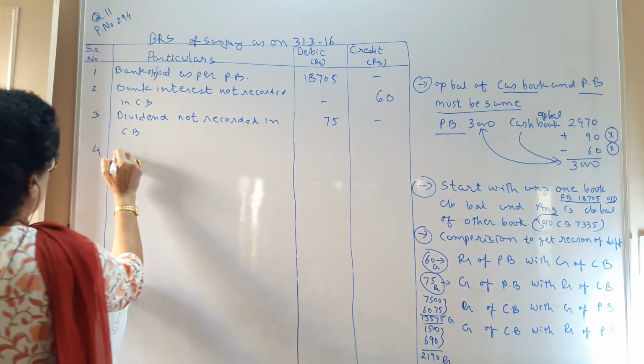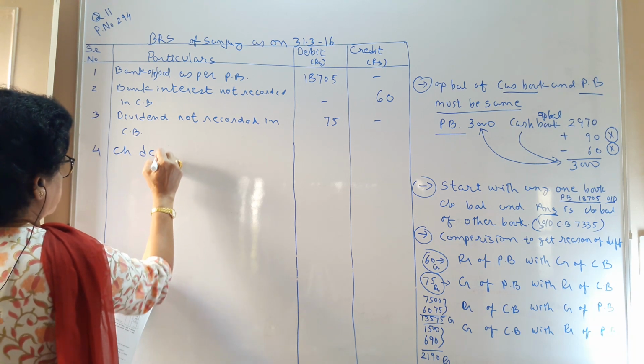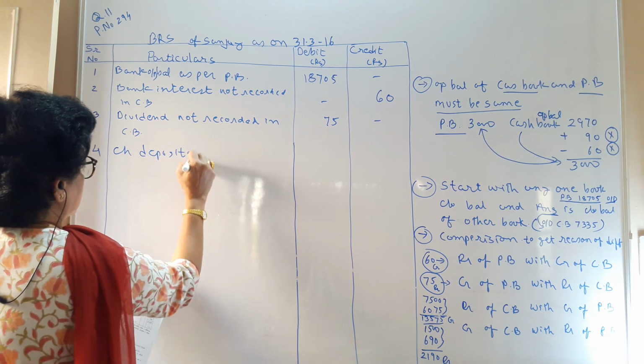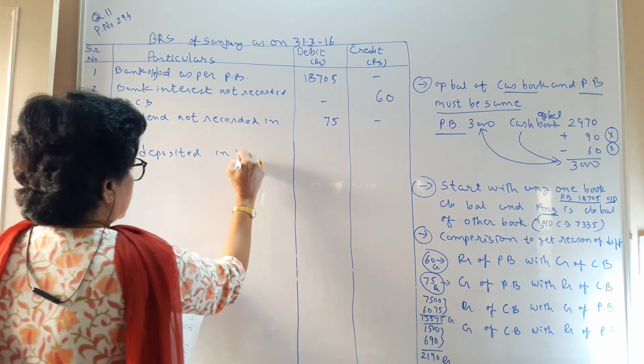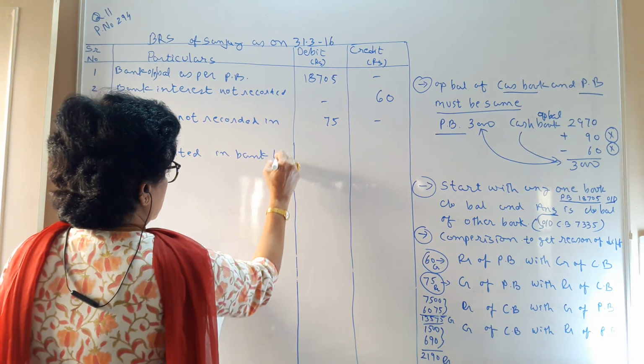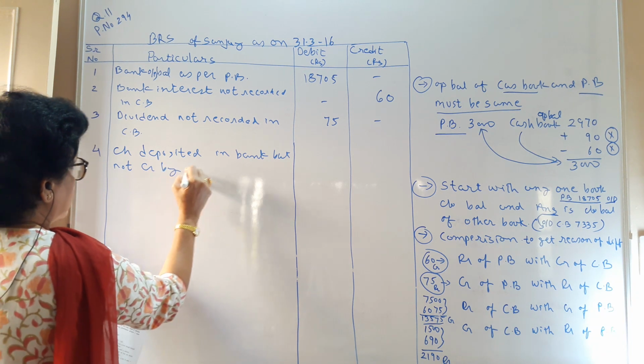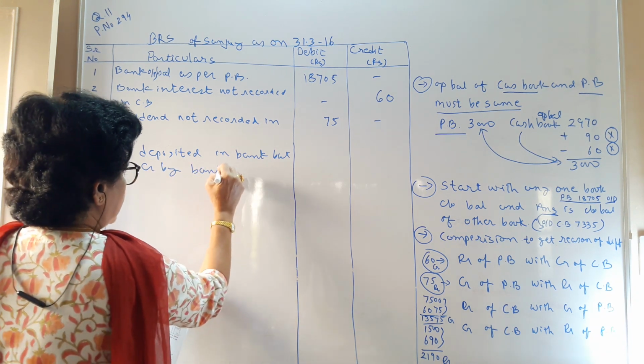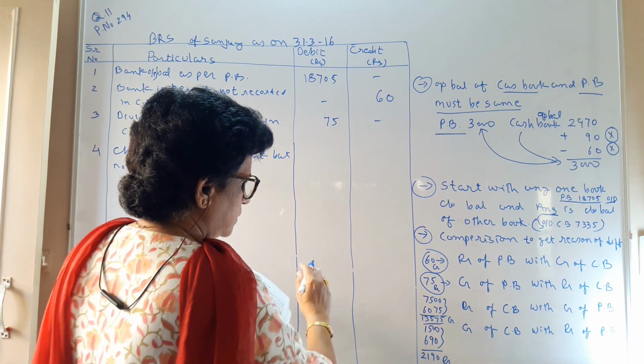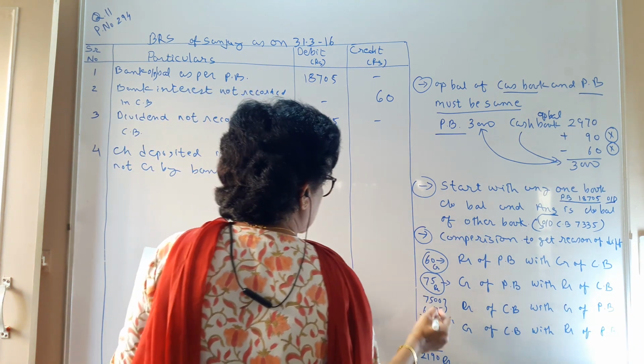Fourth reason. Check deposited in bank but not credited by bank till the date. So not credited, so we need to credit. Two figures are there.